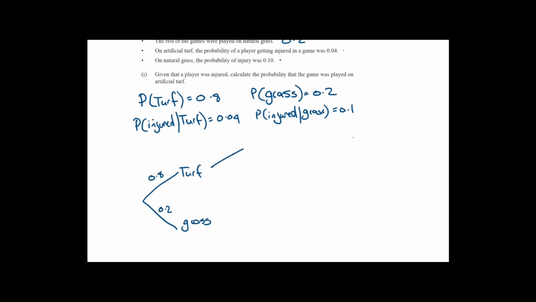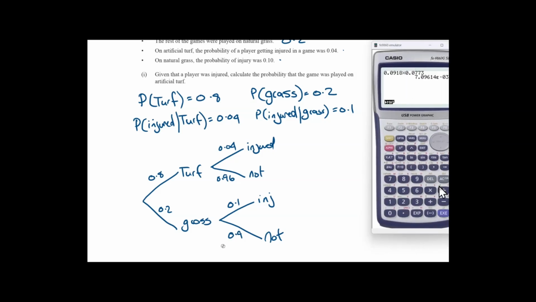This is just to visualize it. And this is injured, and this is not injured. Injured, not injured. So injured is 0.04, 0.96, 0.1, and 0.9. Okay. Let's complete this tree because I think we're going to need to do this.